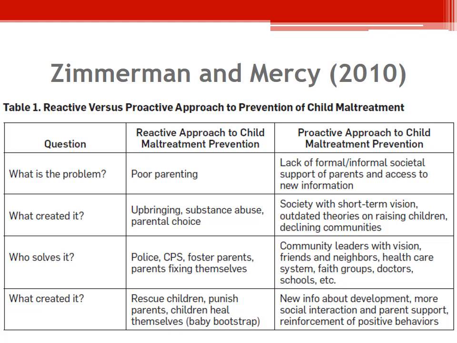How is this problem going to be solved? The reactive approach says it should be child protective services, police, foster parents, parents fixing themselves, pulling themselves up by their bootstraps. Proactive approach would say that you need to have community leaders with vision, you need to have friends and neighbors involved, healthcare system involved, faith groups, doctors, schools, the whole entire community involved in preventing child maltreatment.